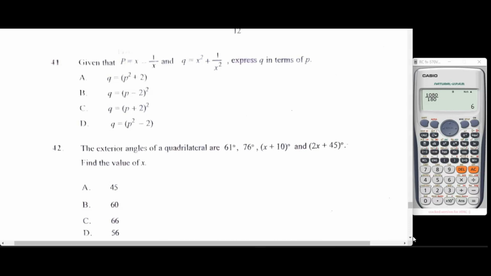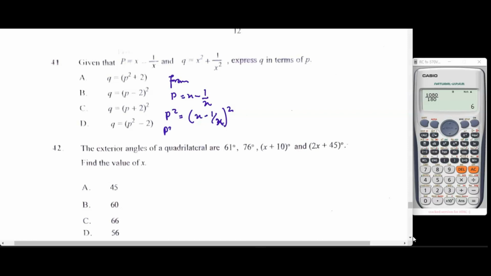Now we need to merge the two equations, but the best way of doing this is to first consider the first equation, P equal to x minus 1 on x. I believe that when we square both sides, it will be P squared equal to x minus 1 over x all squared.